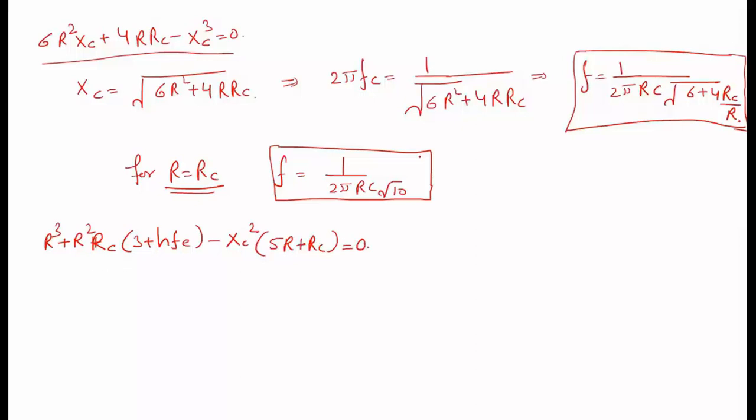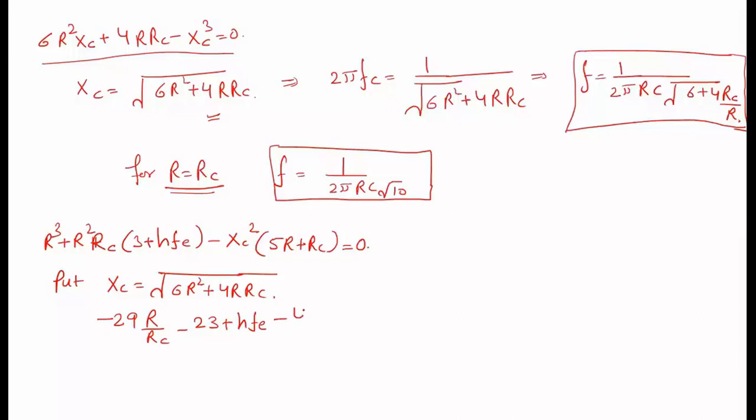So by putting XC is equal to this term, 6R square plus 4R RC, we can solve the expression that is equal to minus 29 R upon RC minus 23 plus HFE minus 4 RC upon R equal to 0.